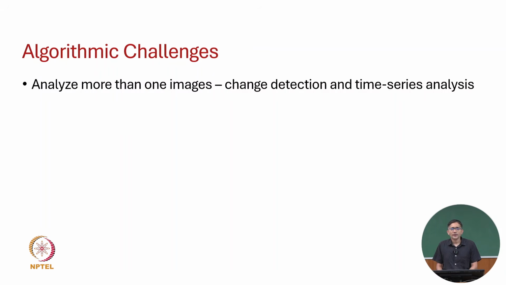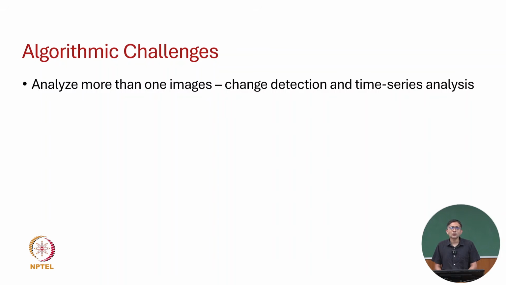And there, let's say we are interested to analyze more than one image because we want to detect changes that are occurring in our surroundings, or we want to even go beyond two images.